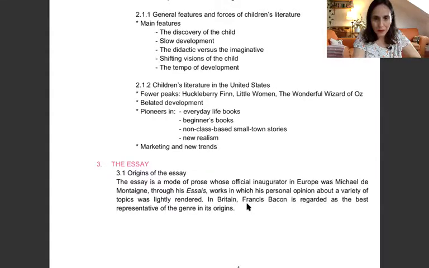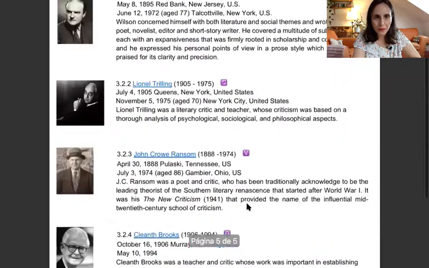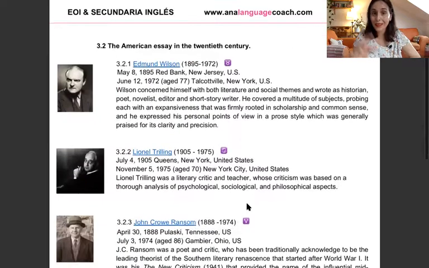And then we have the American essay in the 20th century. We have Edmund Wilson. Wilson concerned himself with both literature and social themes and wrote as historian, poet, novelist, editor, and short story writer.